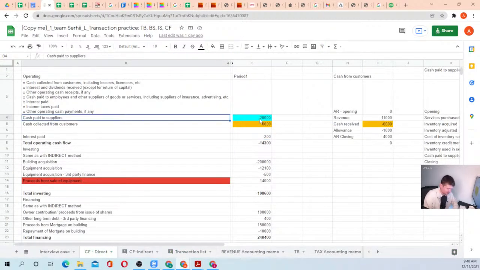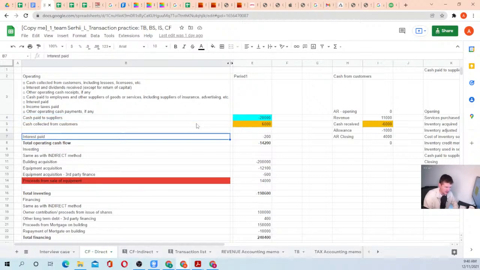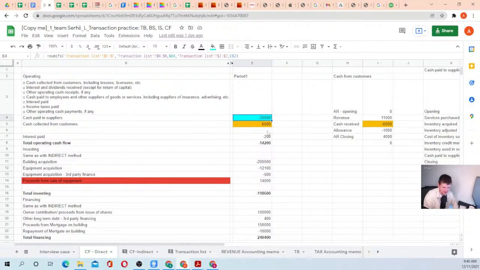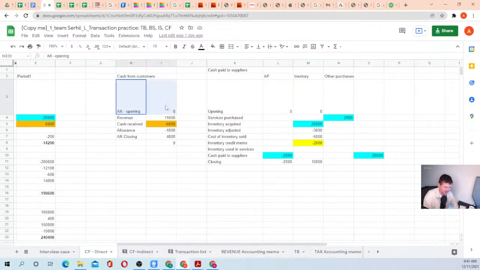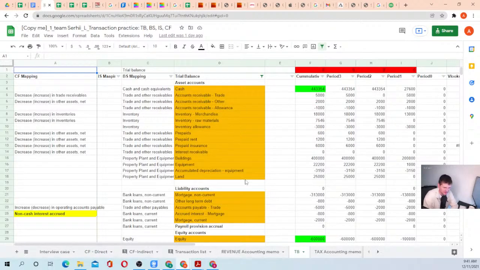So you will have quite a bit of exercise to come up with direct method operating cash flows. We also tried here to experiment and try to come up with the same numbers by using aggregated numbers. So if you have a complex company, complex consolidation, your best available information is usually at trial balance level.